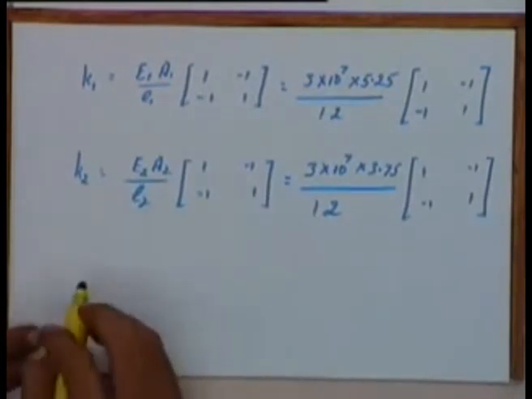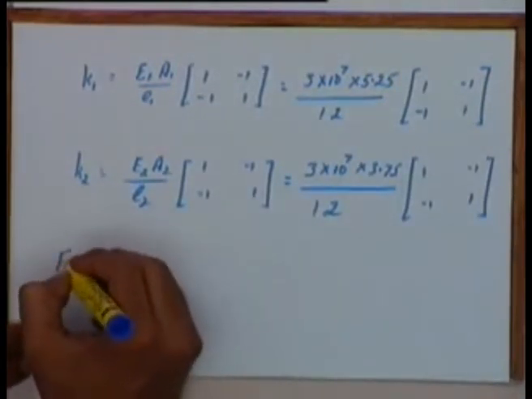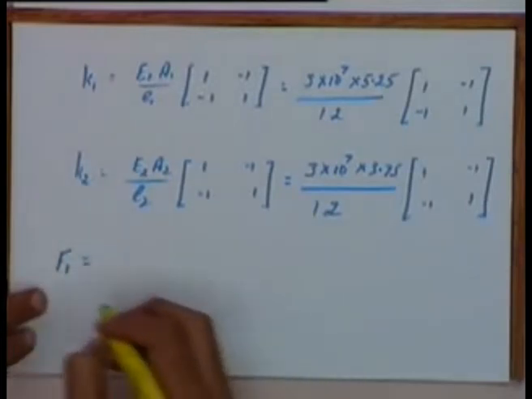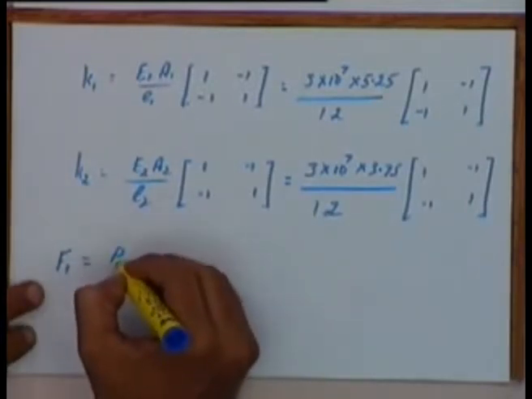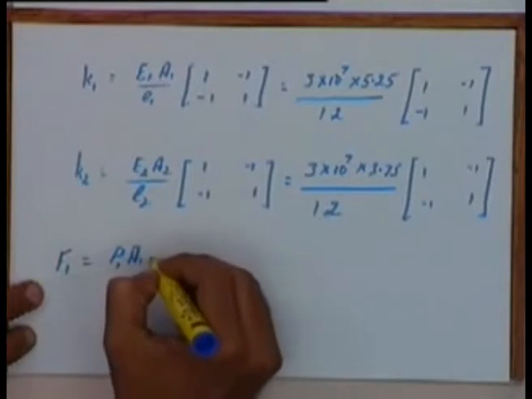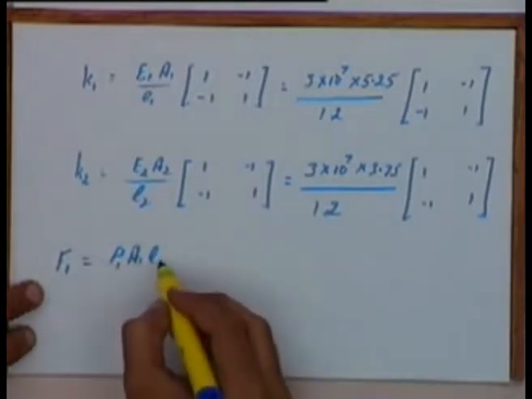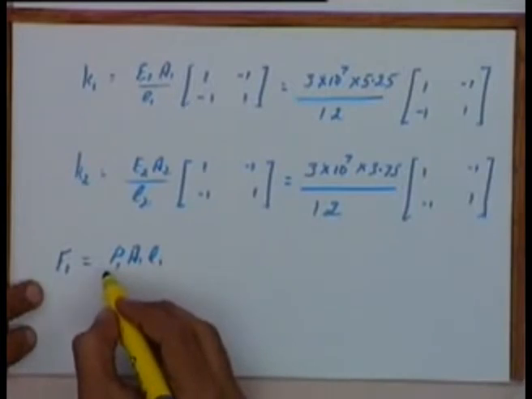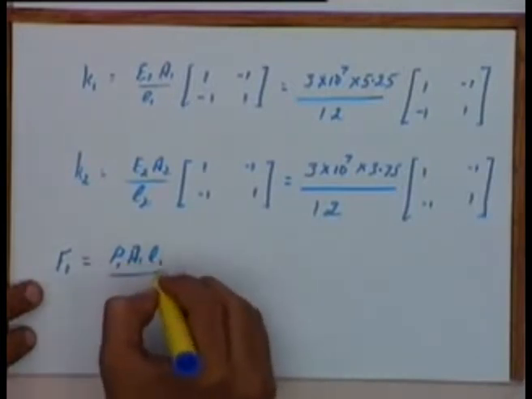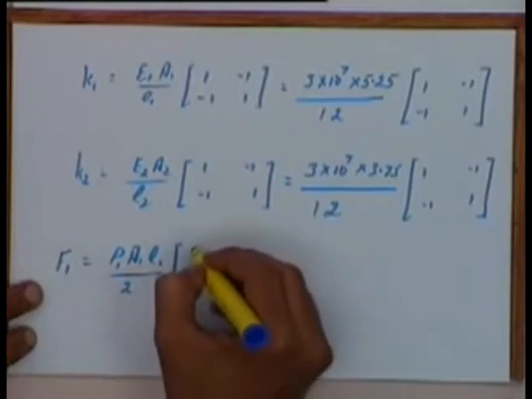Now if we take the element force matrices, the total body force is the total weight acting, which is rho 1 A1 L1, that is A1 L1 is the volume, rho 1 is the density, multiplied by [1 1].